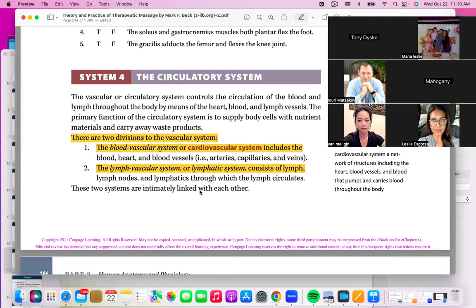These two systems link together and work together. As the blood and the lungs deal with the blood in our body to be filtered and come back with supply for the internal organs and the tissue, the lymph system is the cleaning system that's going to get rid of all the extra fluid.